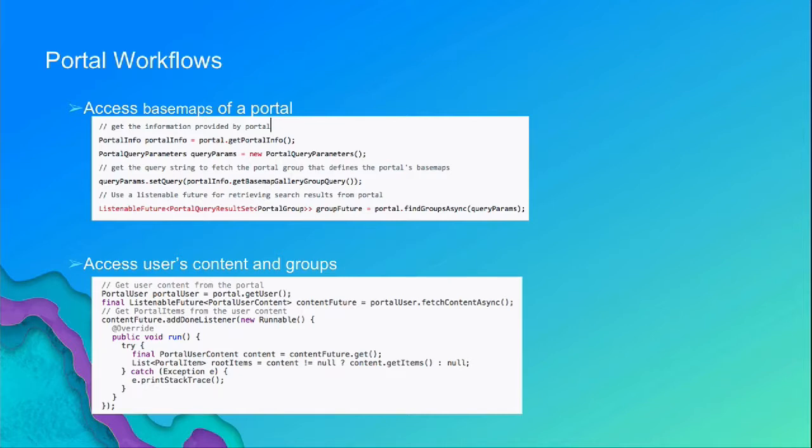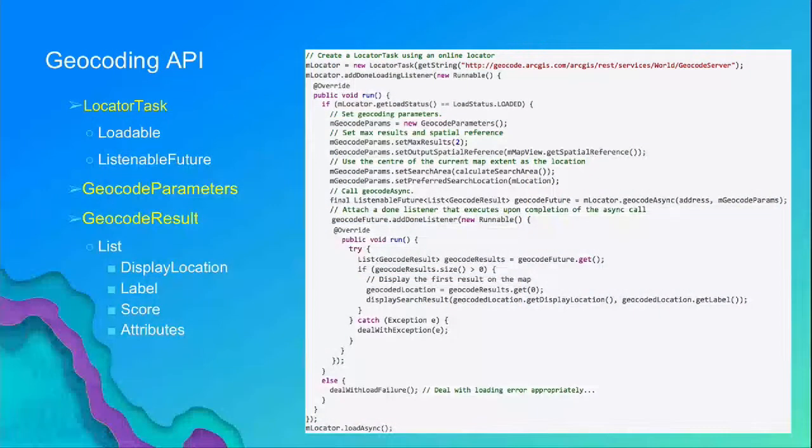That's the major workflow. The next API we have is the Geocoding API. We mentioned the locator task before, and that's loadable, and you can use the ListenableFuture pattern on the geocode async on the locator task.